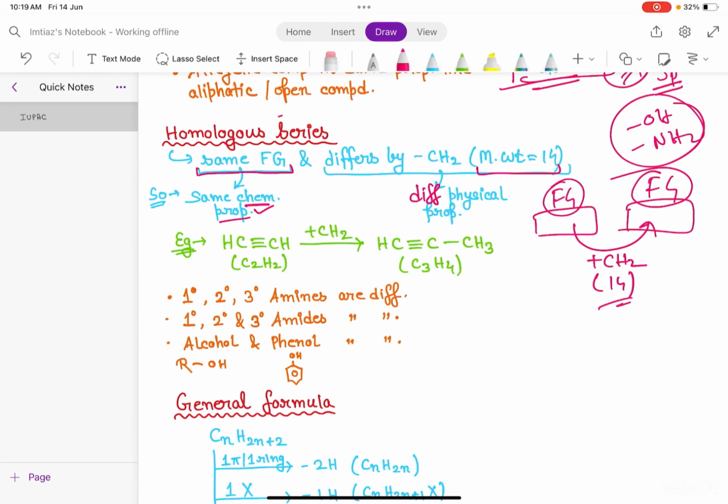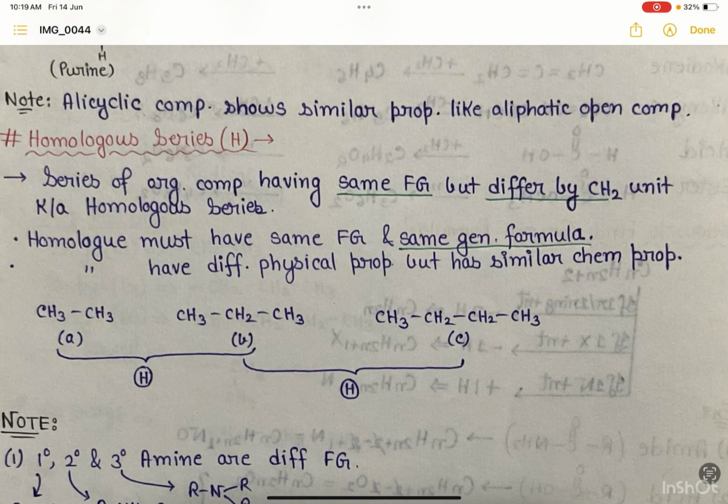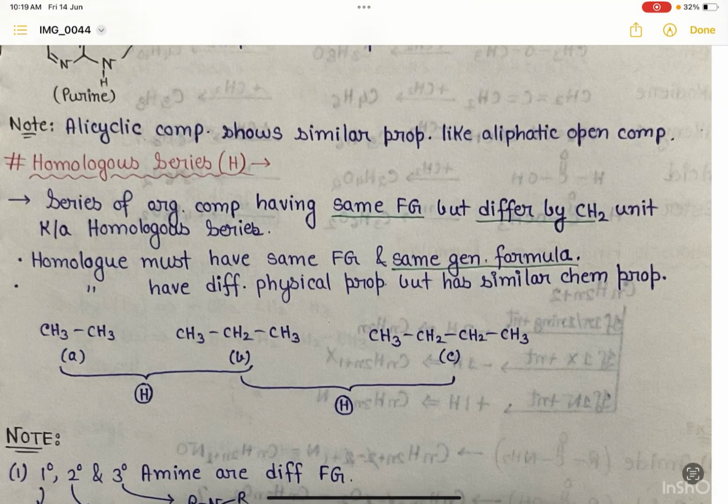Since there is a difference of 14, there will be different physical property. It is written over here: same functional group differed by CH2, having the same functional group so same chemical property, and having different molecular mass so different physical property. Also having the same general formula.